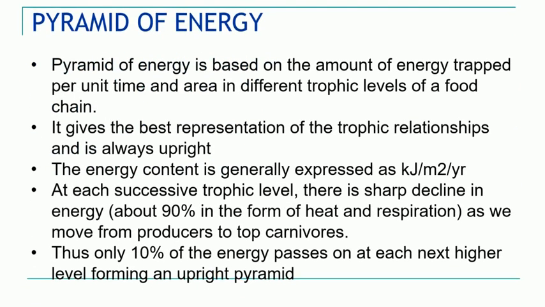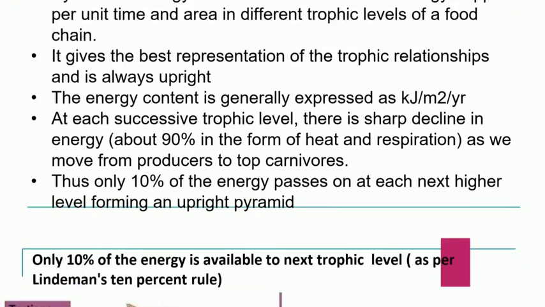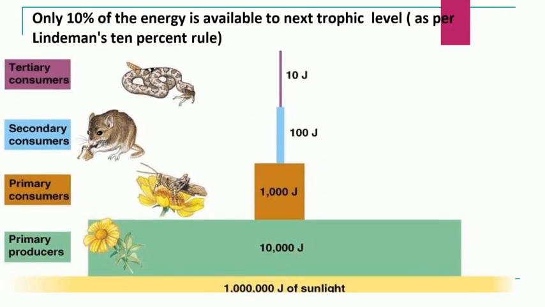So let's study this pyramid of energy. It is based on the amount of energy trapped per unit time and area at different trophic levels of the food chain. First of all, we'll see this diagram. The ultimate source of energy for any ecosystem is nothing but the sunlight.